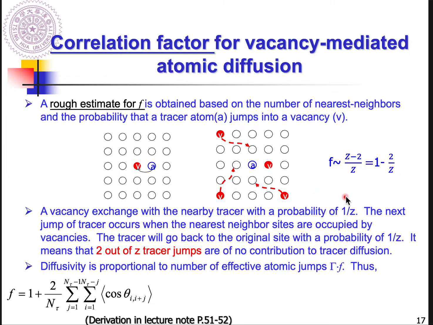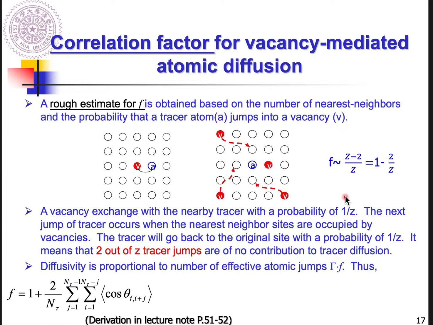Then we can roughly estimate the correlation factor. Just use 1 minus the 2 out of Z jumps, which have no contribution to the tracer diffusion.